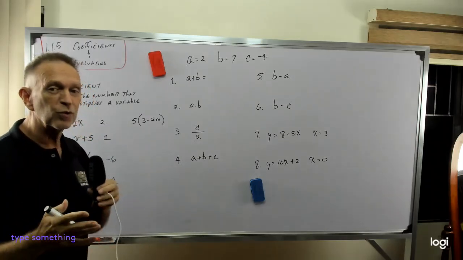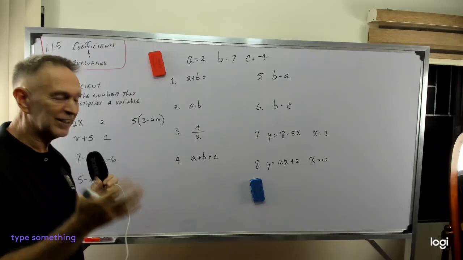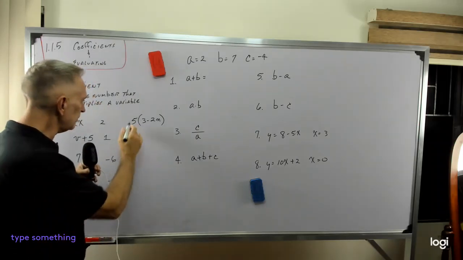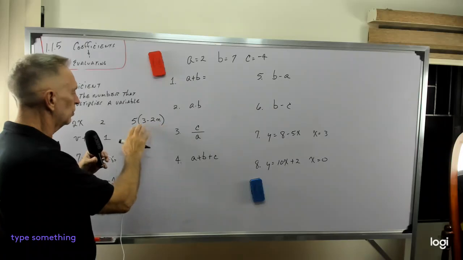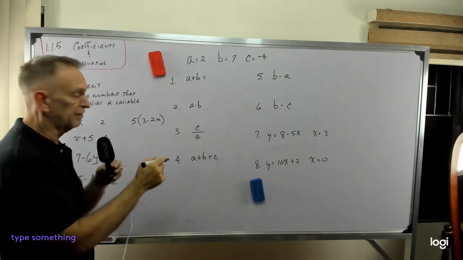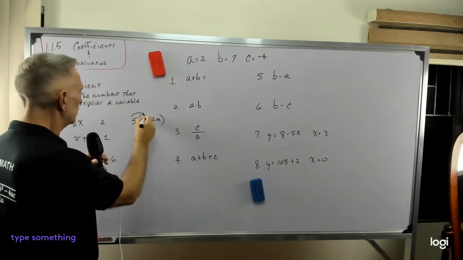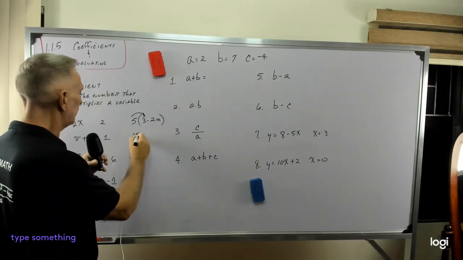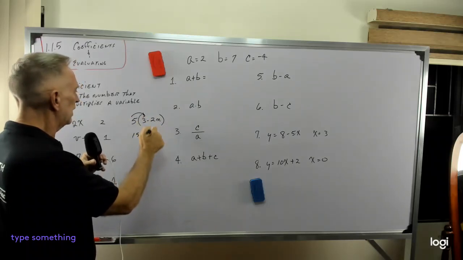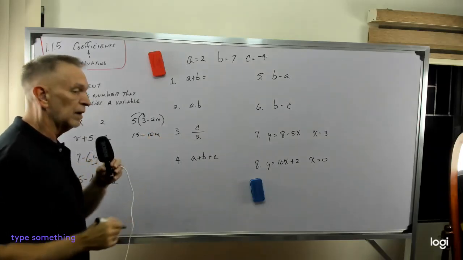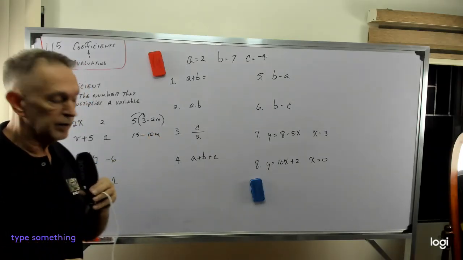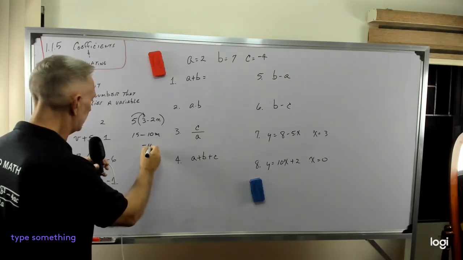Oh, here's those rules. We've got to keep those rules in mind. Somebody might say, well, the coefficient is 2. Well, let's go ahead and distribute the 5 into that. So 5 times 3 is 15 minus 5 times 2m, which is 10m. So now what's the coefficient of m? It's a negative 10.